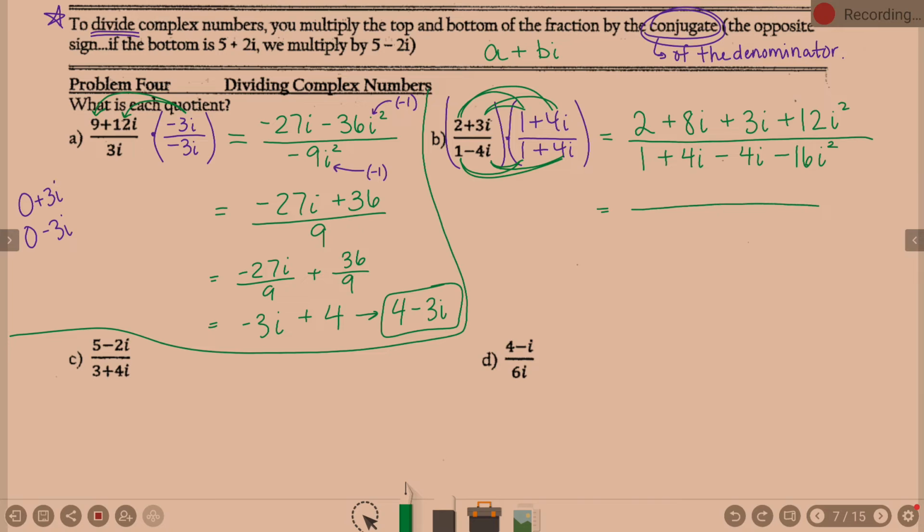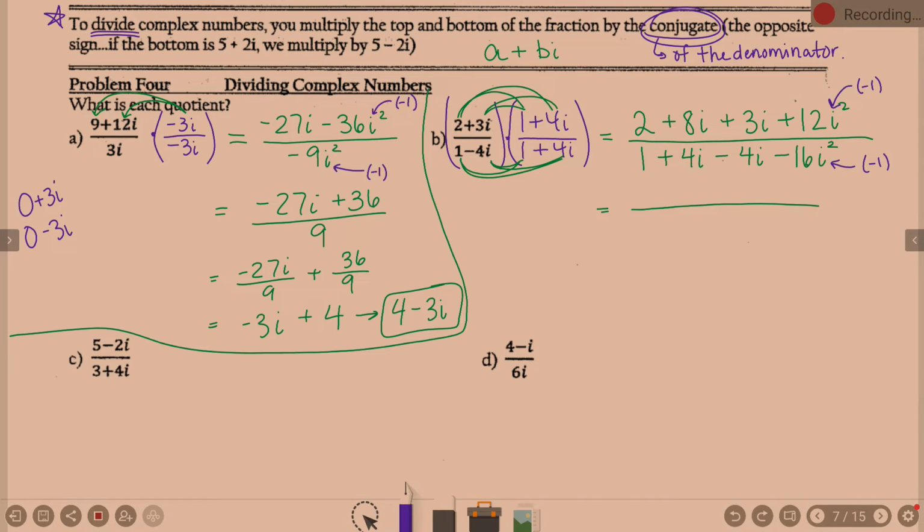Let's see. Some serious cleanup, I hope. What kind of things do you see when we clean up this fraction? Well, you've got the i squared, which will just change your signs because they're negative ones. So your positive 12i squared becomes negative 12, and your negative 16i squared becomes 16.